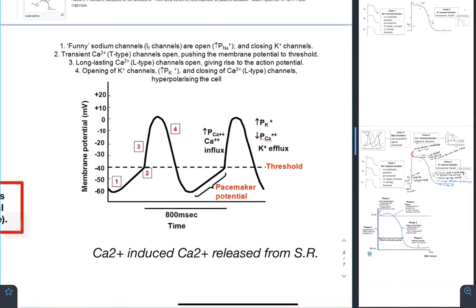First, let's begin with the nodal cells' action potentials. Have a look at these diagrams and just listen to this part to get an idea about the difference. You don't have to make any notes about it.